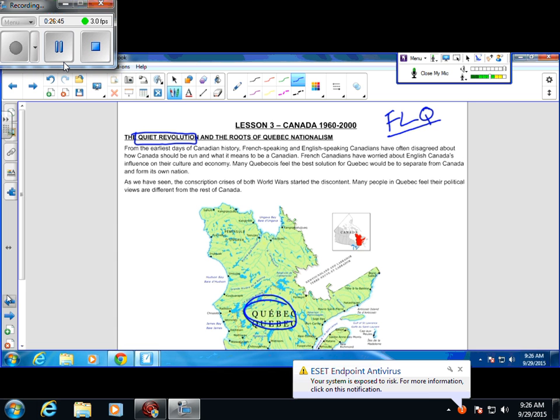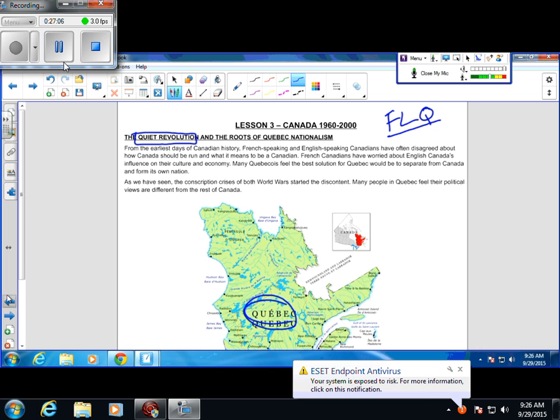From the earliest days of Canadian history, as we talked about way back in Week 1, we talked a lot about English Canadians and French Canadians, the two ethnic groups in Canada.